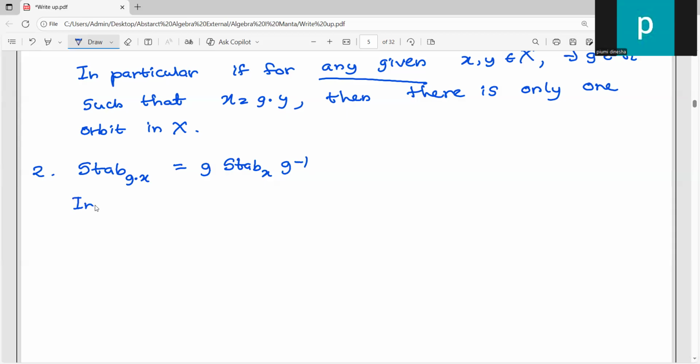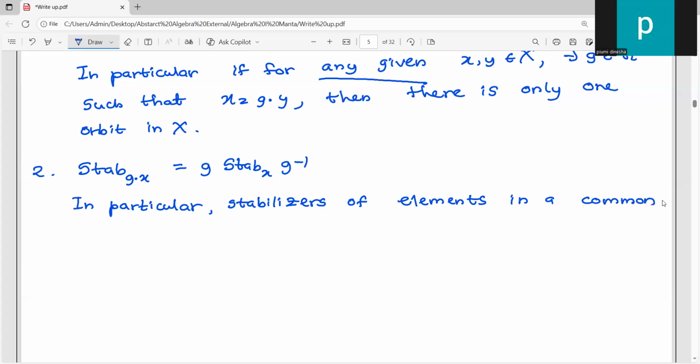In particular, stabilizers of elements in a common orbit are conjugate. What does that mean?